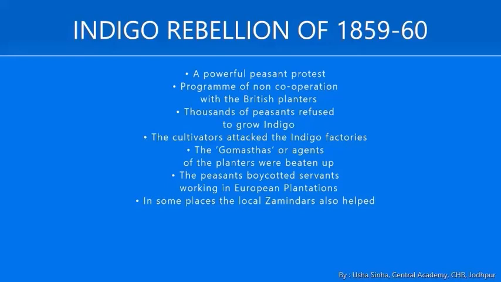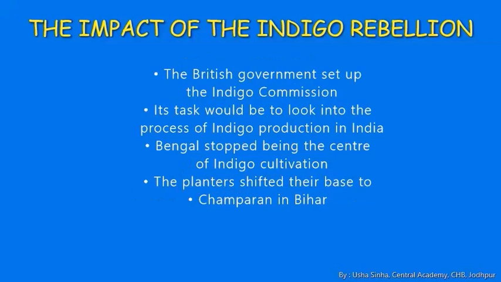Sometimes the gomasthas or agents of the planters were beaten up. The peasants also boycotted servants working in European plantations. In some places, the local zamindars also helped the Indian peasants.